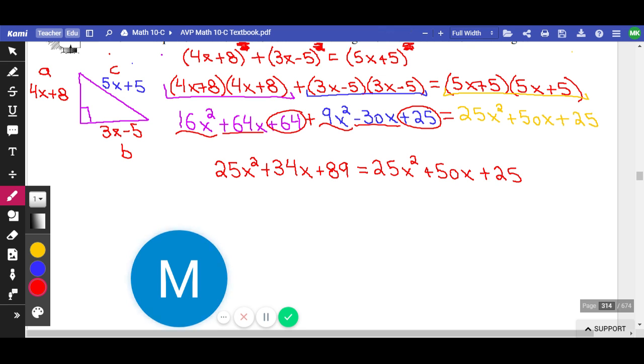We will definitely do more of this later in the year and review how to properly do it again. So if that's kind of like, whoa, I don't remember that, that's okay. If you do remember that, it means we push everything to one side by using opposite operations. So for instance, if I wanted to move this 25x squared to the other side, I would subtract 25x squared from both sides.